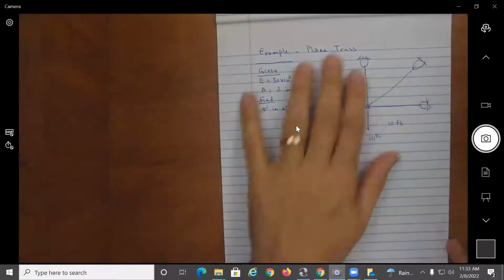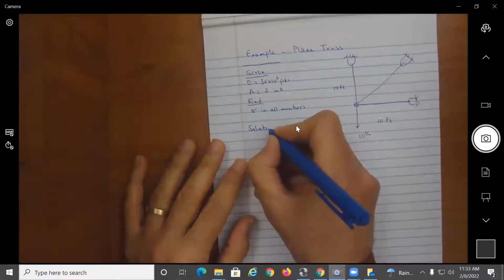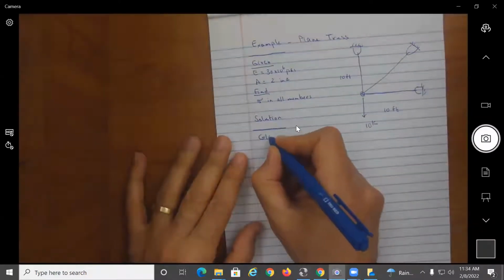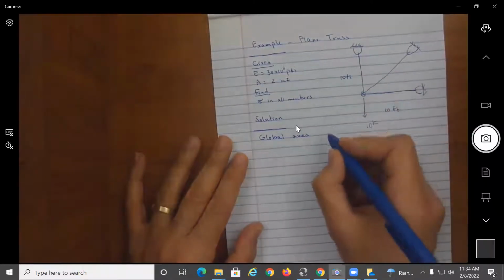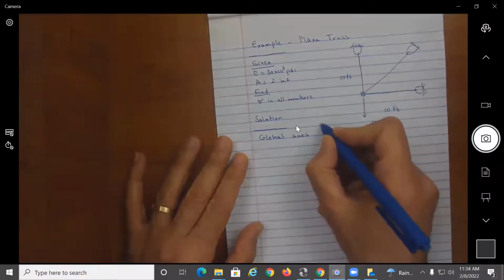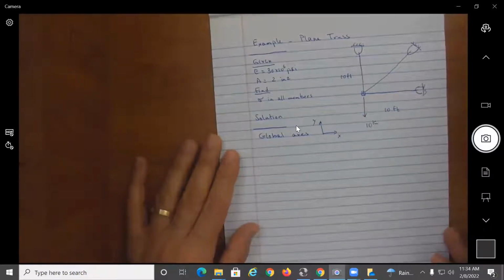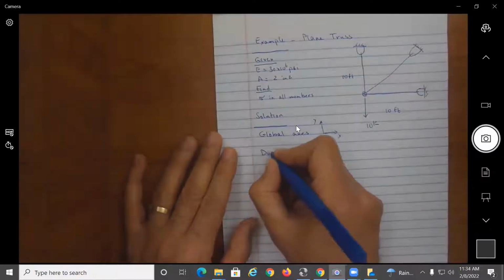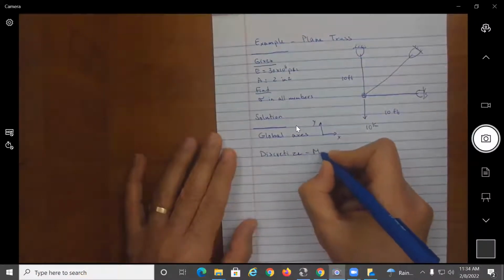Of course, if we are working here in plane, I'm going to refer to the global. So I'm going to put here the solution. We want to put the global axis. So we're going to use X and Y. Working in plane. Next, we want to discretize or create the mesh.